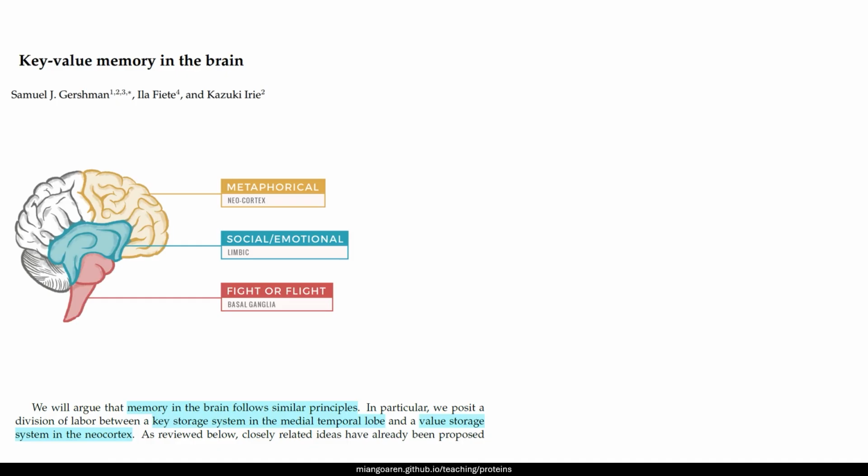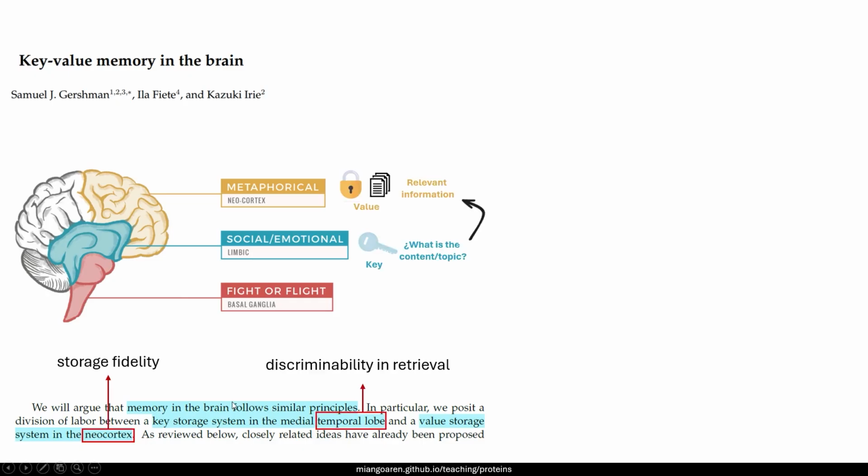Mechanisms relatively similar to how our brain works have also been suggested, in this sense also using these query key values. Here the authors suggest that memory works with a system similar to a key-value database, where the neocortex specializes in the high-fidelity storage of information.